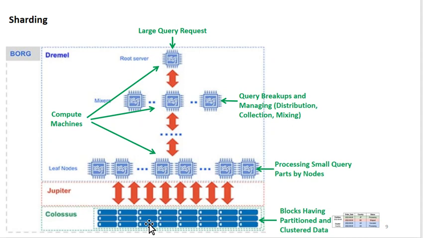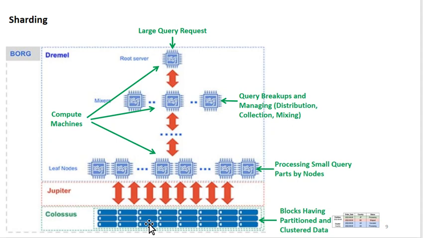So why is BigQuery very fast? Fetching data using BigQuery is very fast because, first, of partitioning. You can divide the data into different physical blocks date-wise, or there are other ways of partitioning, and you can also sort it.